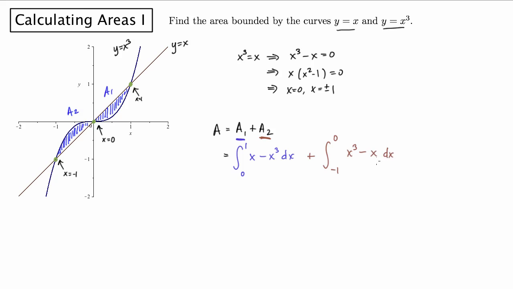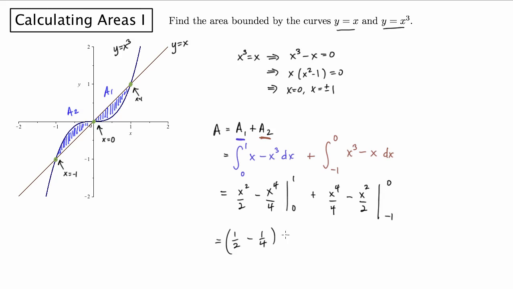Now that I've broken the region up into two integrals, I can easily evaluate these integrals, which we'll go ahead and do. And I should be looking for some sort of positive area here. Remember, this is the net area that we're looking for. So evaluating this first one, we get 1/2 minus 1/4.